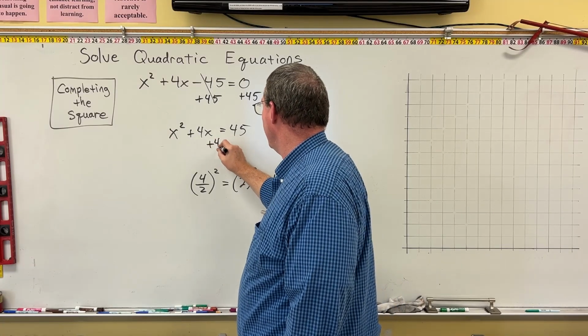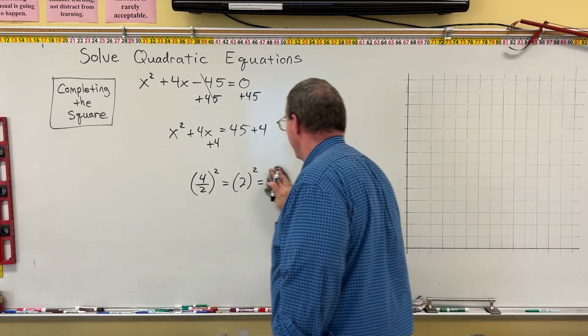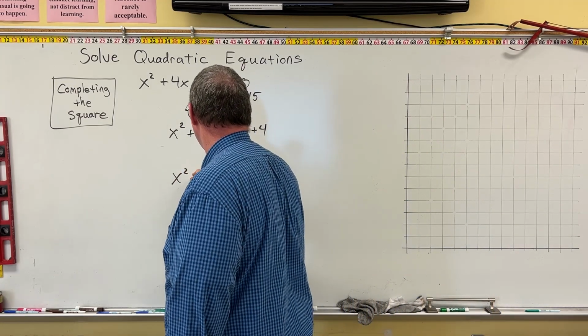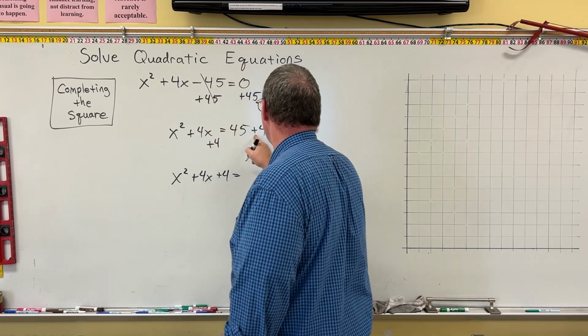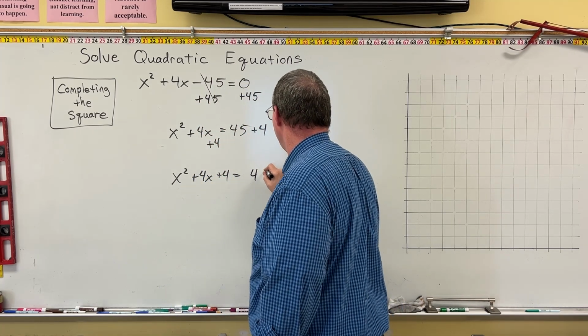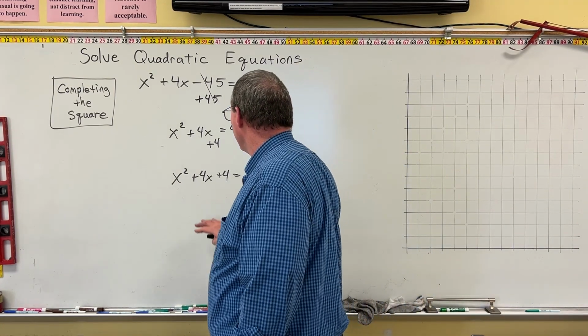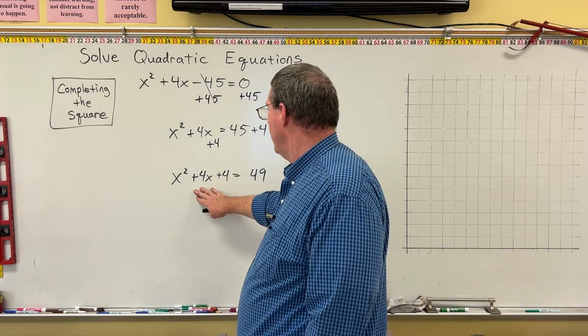You're going to add 4 here and add 4 here. So then you're going to wind up with x squared plus 4x plus 4 equals 45 plus 4 is 49, okay?